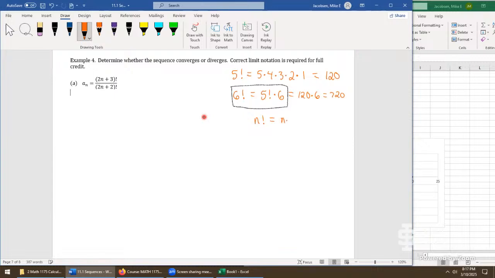n factorial is n times n minus 1 times n minus 2 times, the 3 dots here are a way to say and so on, 3 times 2 times 1. So that's just a way to write n factorial. Loads of other ways. You could write out n factorial is n times n minus 1 factorial. That looks weird, but this is actually the concept that we need to help us out up here. How does that work? Well, n factorial itself was n times all of this stuff.